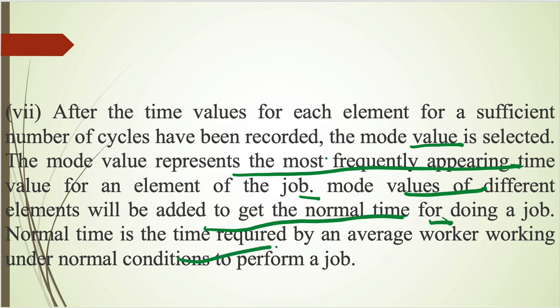Normal time is the time required by an average worker working under normal conditions to perform a job. So the mode value is very important, which is the number that occurs more than one time. The value appearing most often in the given results is known as the mode value. And the normal time is the time required by an average worker working under normal conditions to perform a job.